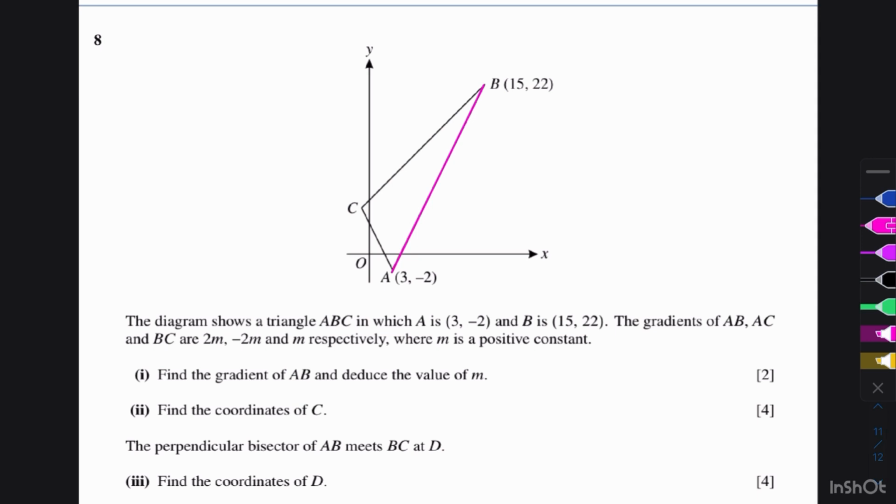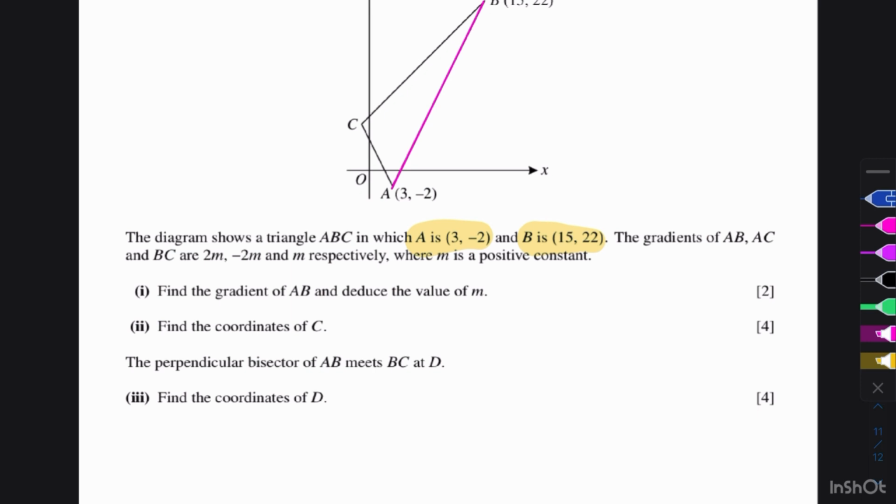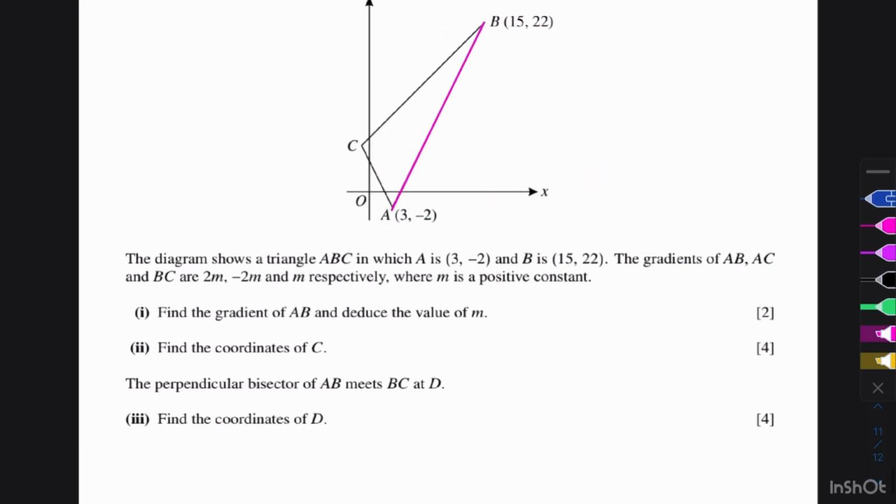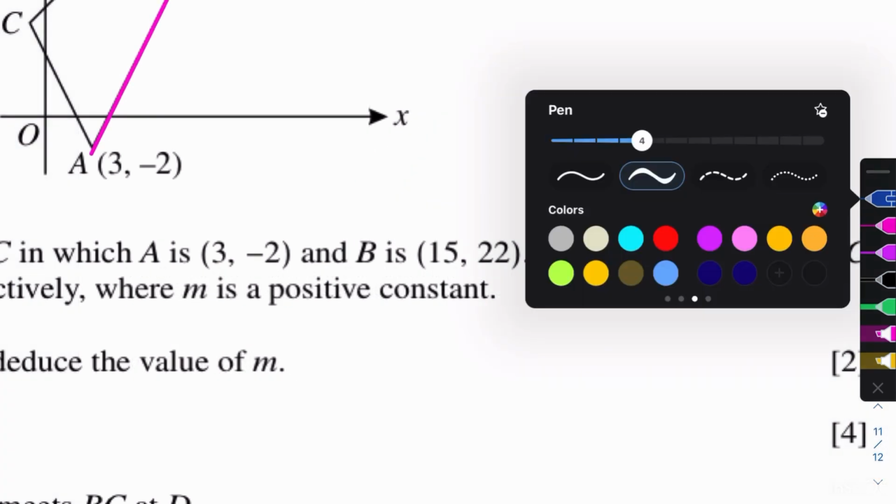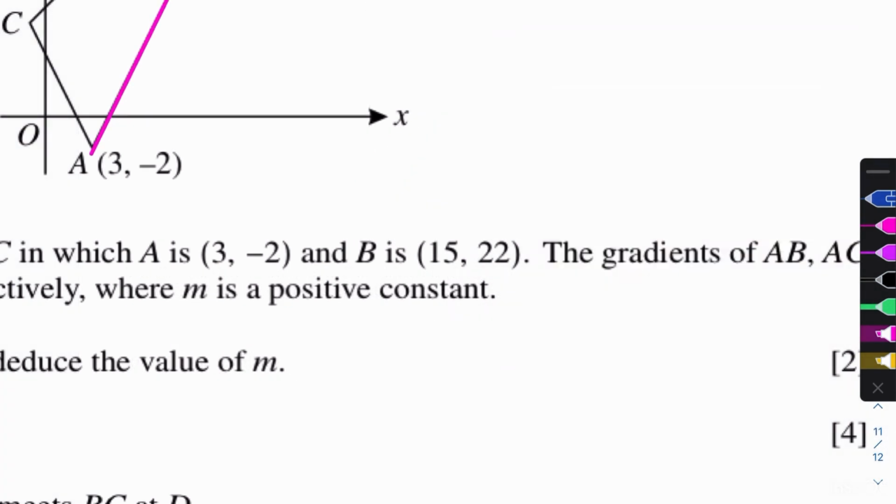Okay, so they've given us the coordinates of A and B. So we can find the actual gradient, and from that we can just find m because they've given us what it is in m terms as well. So finding the gradient of AB, all you need to do is rise over run. So we're always going to do the y difference over the x difference.